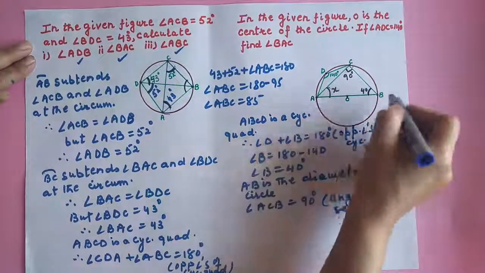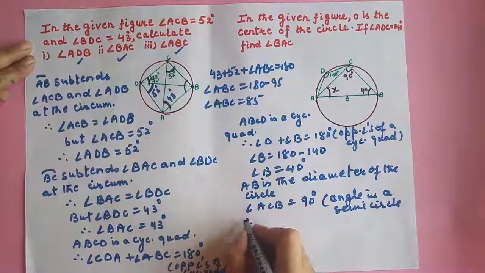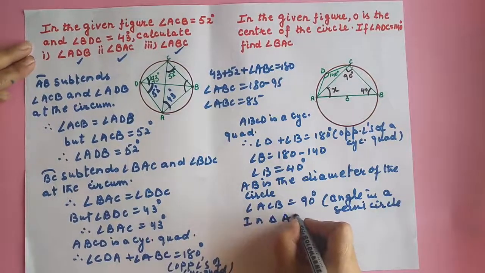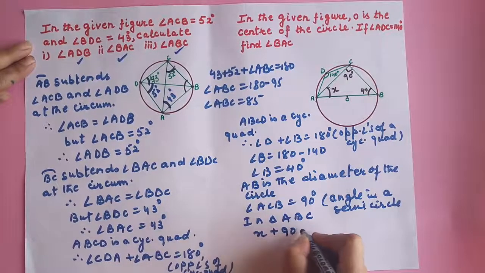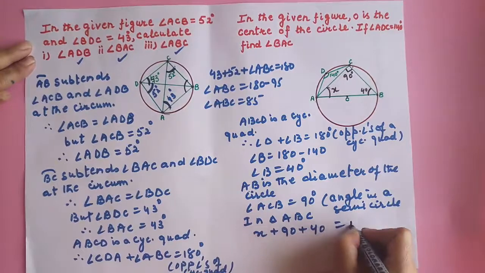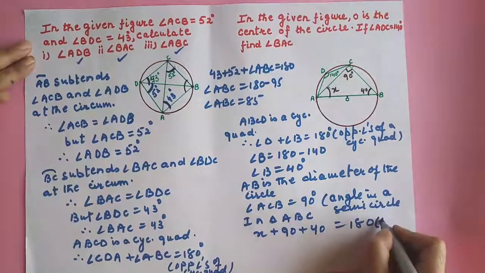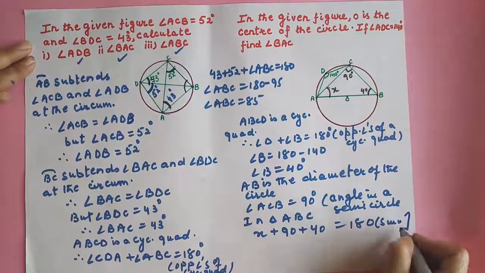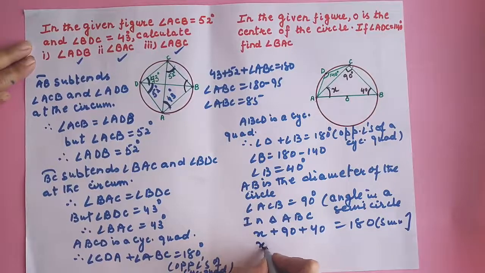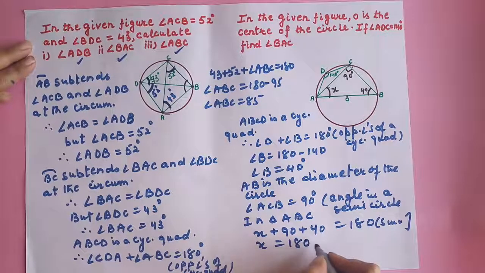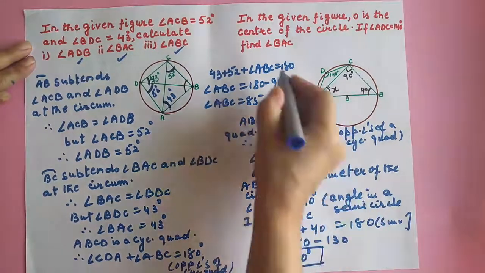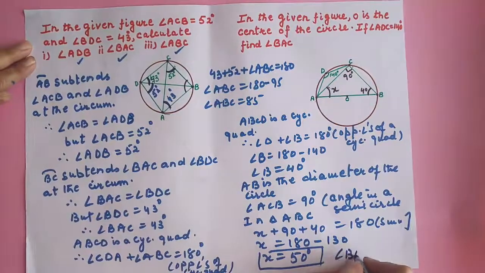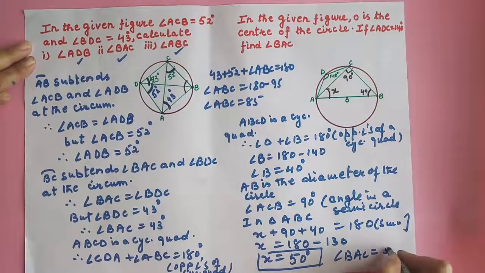Now, you can take triangle ABC. In triangle ABC, x plus 90 plus 40 is equal to 180. Sum of the angles of a triangle. So, x is equal to 180 minus 130. So, your x is equal to 50 degrees. What is your x? Angle BAC is equal to 50 degrees.